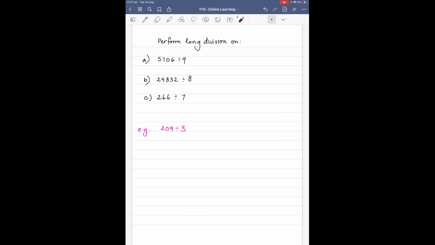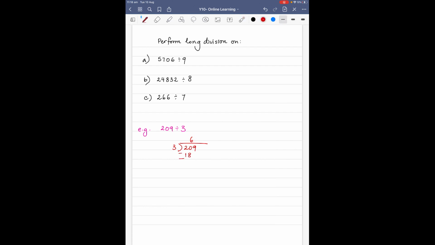Moving on. Let's say we have this example here, 209 divided by 3. We're going to perform long division one more time. 3 goes into 2, not possible. 3 goes into 20. We know that's 6 times. So we write 6. 3 times 6 is 18.